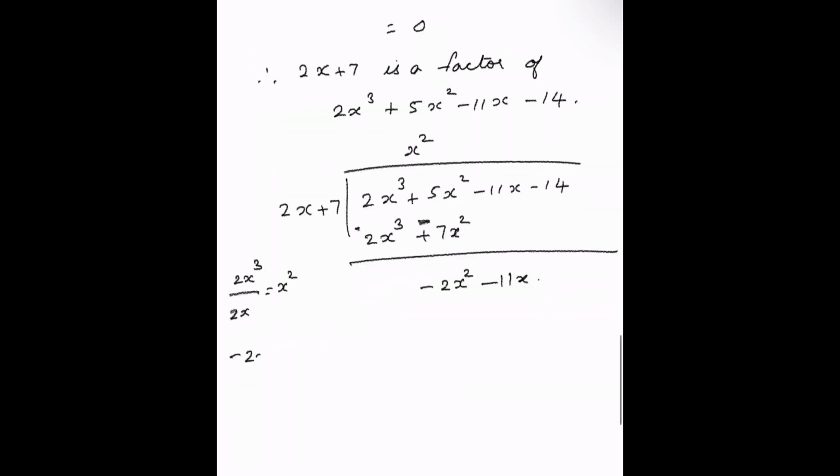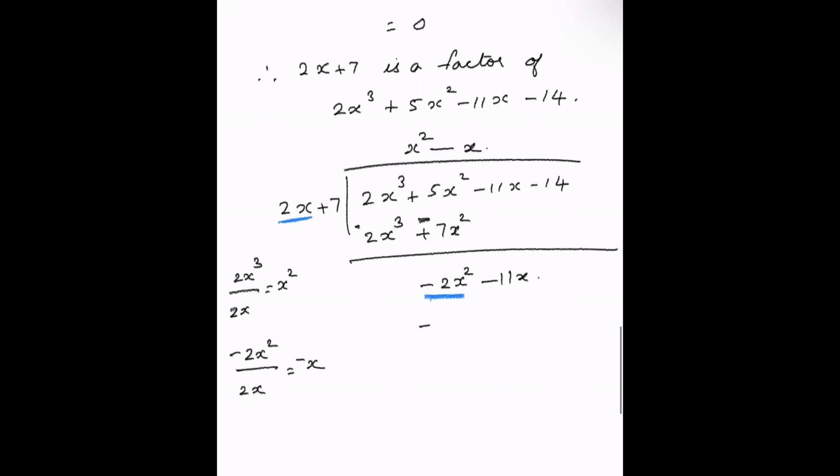Now minus 2x square divided by 2x will give me negative x. So minus x. So 2x into negative x is minus 2x square. Minus x into 7 gives me minus 7x. Okay. Now subtract. Subtract means change the sign. I get negative 4x, bring down minus 14.